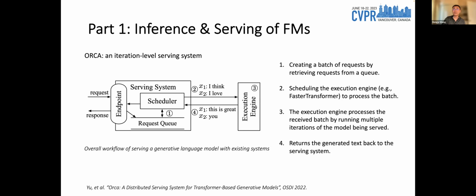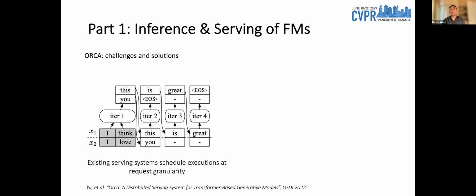So why is this problem hard? Let me give you some warm up here. The first reason is very simple: we can never predict how long a generation will be. Let's say here X1 is something like "I think this is great", which will take 3 or 4 decoding steps if you count the end token.